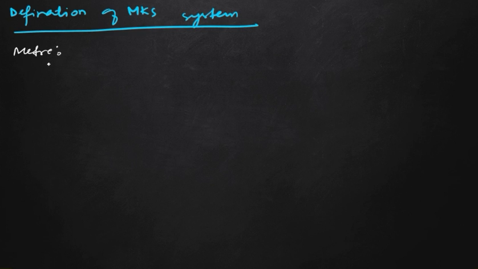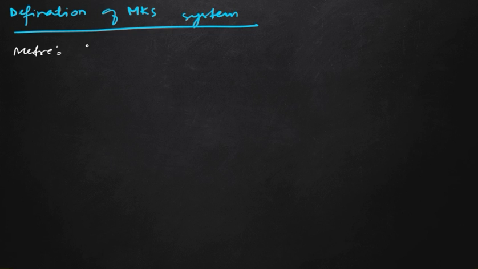If we see the definition of meter, it is the 1/10 millionth part of the distance from the pole to the equator. I think all of you know the pole and the equator. That distance is known as our meter.